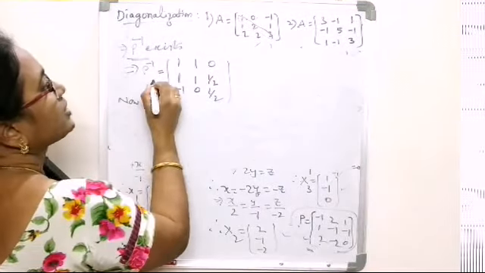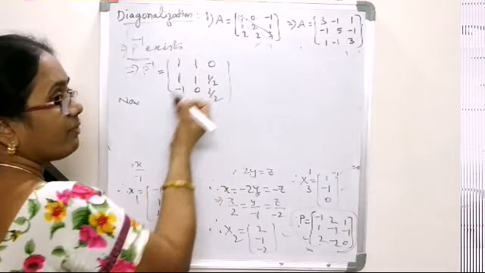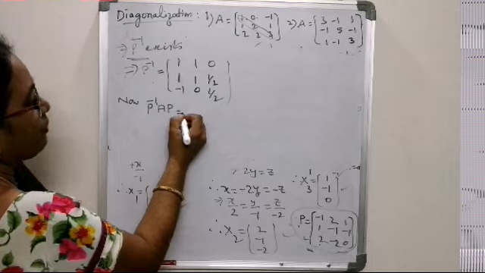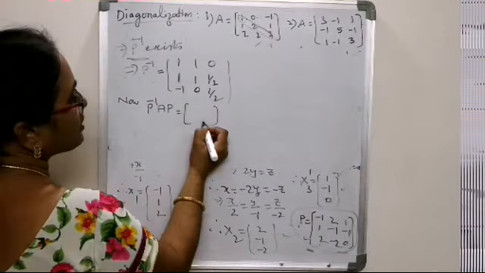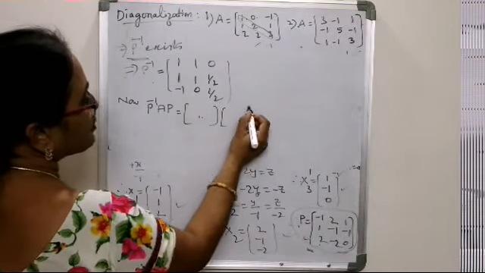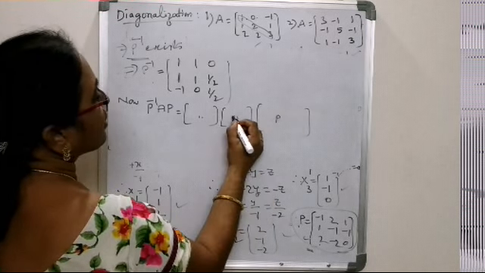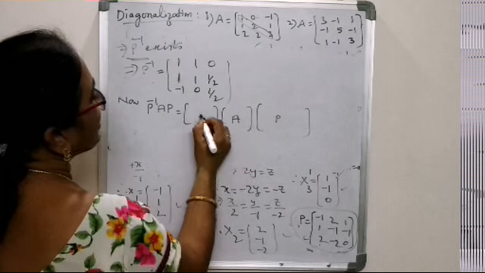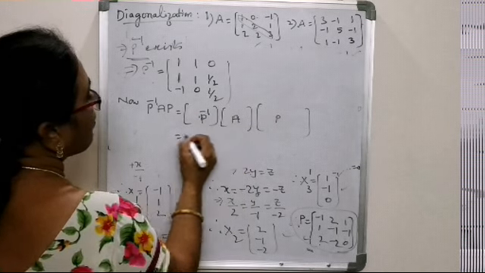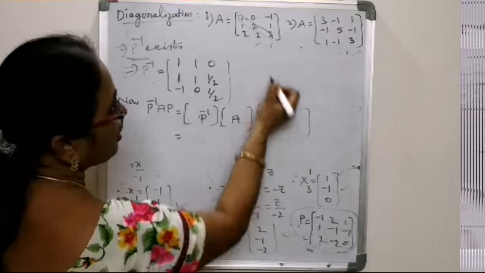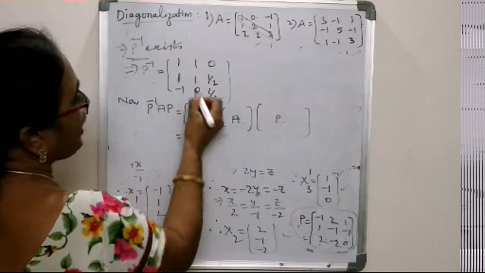This P inverse is used for diagonalizing the matrix by finding the product P inverse into A into P. We substitute the P inverse matrix here, then the matrix A here, then the matrix P here.